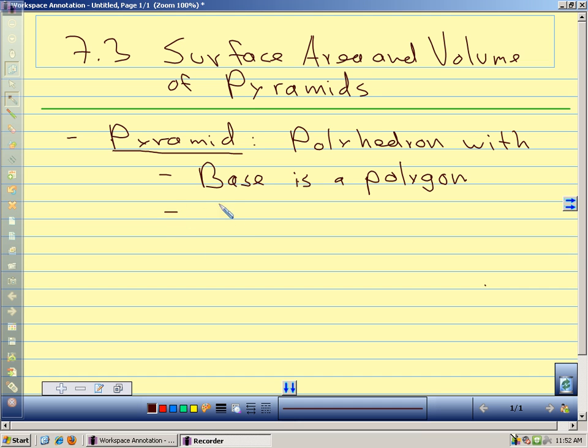It has to have 3 or more lateral faces, because the smallest polygon we have is a triangle. And remember, lateral faces just mean sides. Lateral just means side.